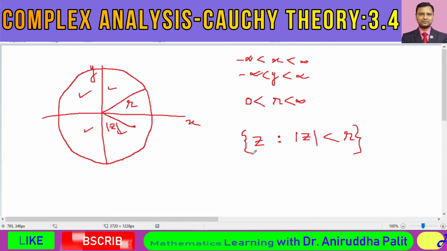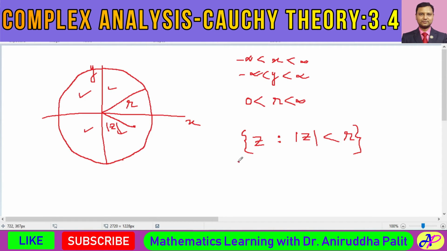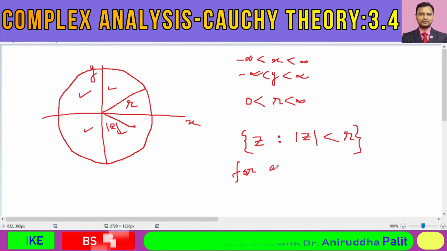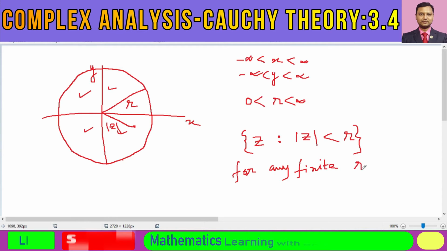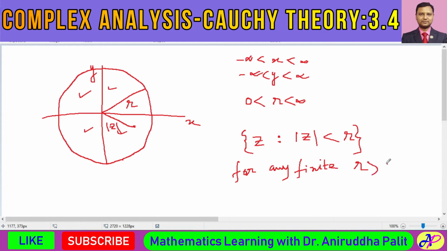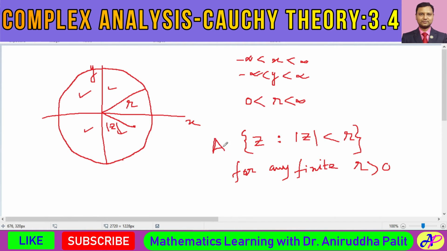So this is the set of all such z such that modulus of z is less than r for any finite real number r, greater than 0. Let us call it capital A, then this set is called the finite complex plane.